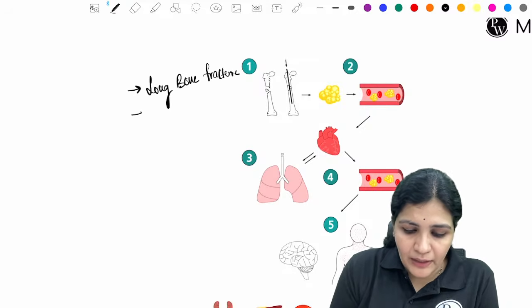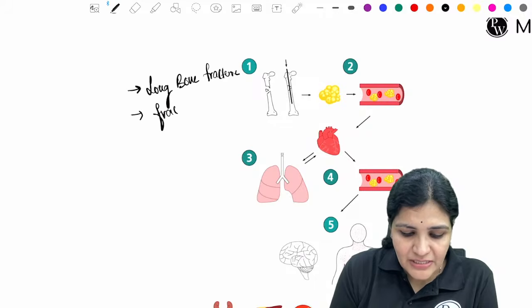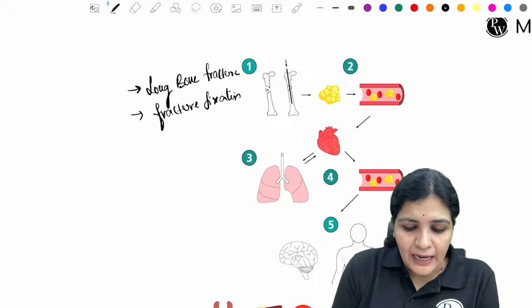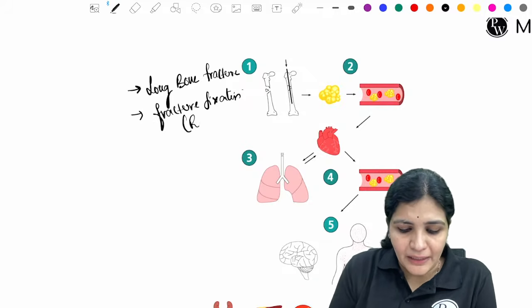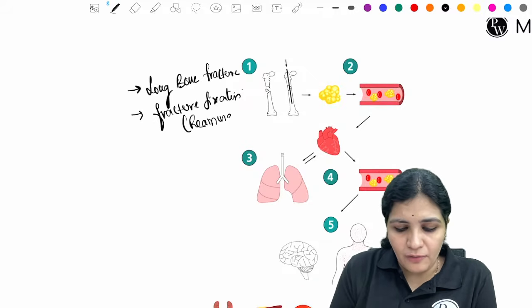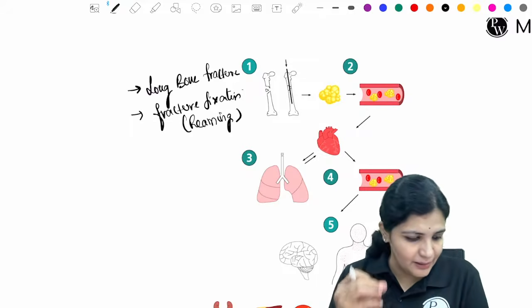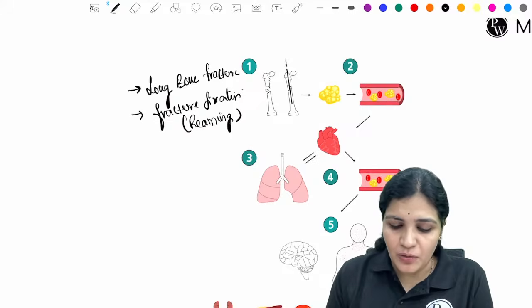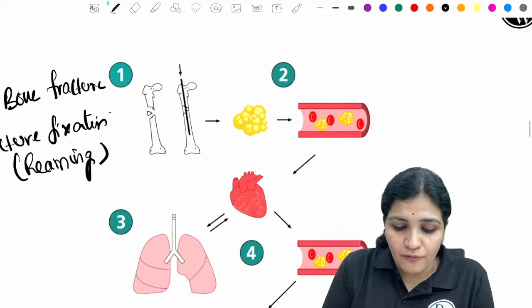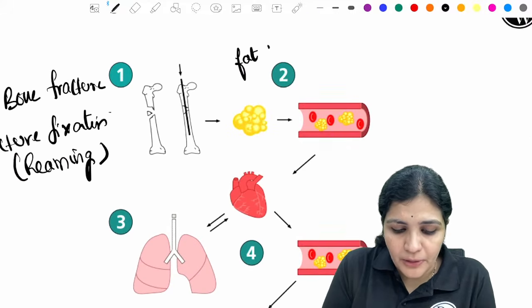The second one is the fracture fixation. They send this nail through the femur, and I told you the process of reaming. If you can't remember reaming, whenever you attend the orthopedic postings, you can ask the surgeon to show what reaming is. These two techniques will result in release of these fat globules, right?